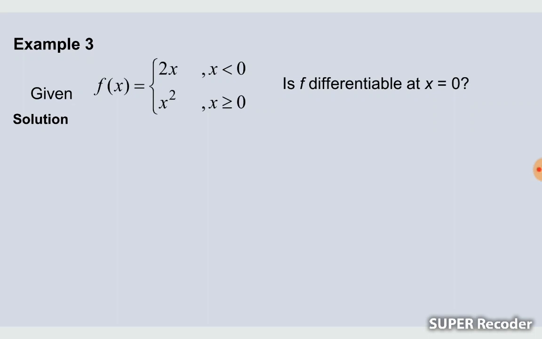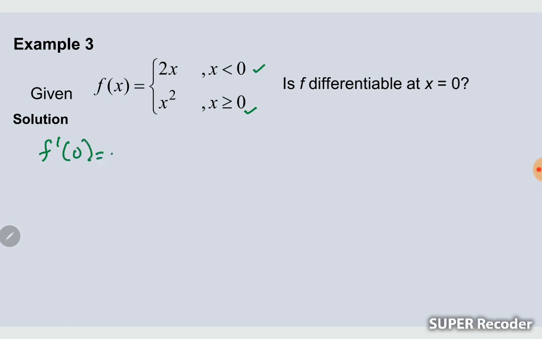Example 3. Given f(x) equals 2x for x less than 0, and x squared for x more than or equal to 0. Is f differentiable at x equals 0? We can start answering this question by finding out what f prime of 0 is.